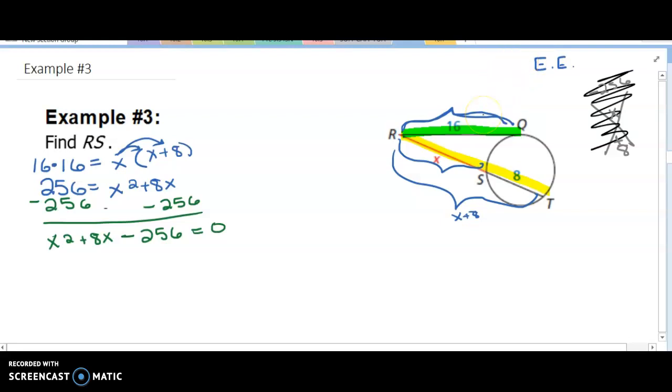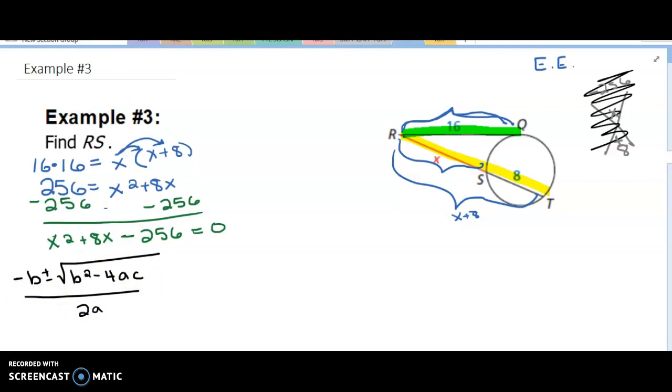So we're going to revert to the only other thing we know, which is great because it can solve anything, and that's the quadratic formula. So negative B plus or minus square root of B squared minus 4AC all over 2A is the quadratic formula. All right, so our A is 1, our B is 8, and our C is negative 256.